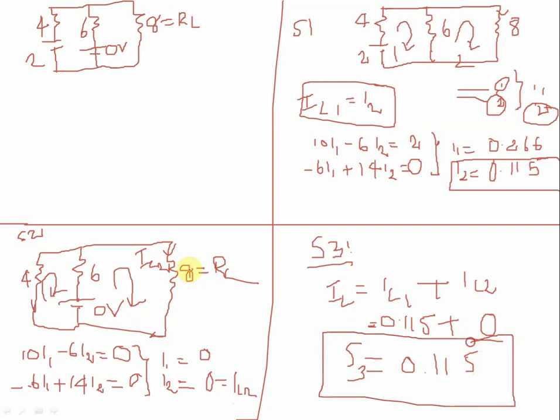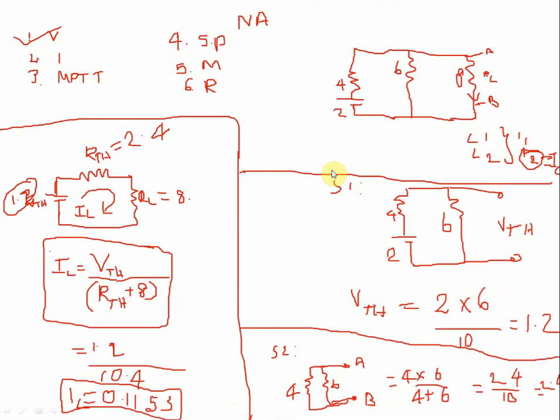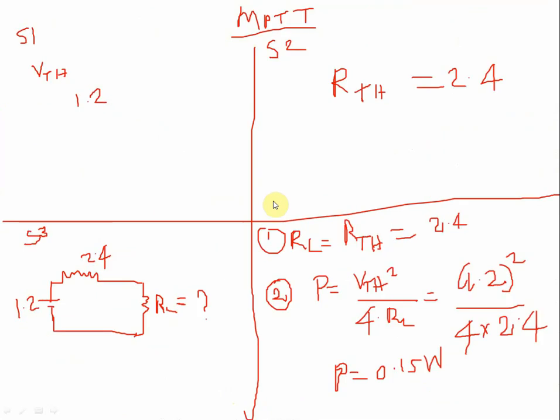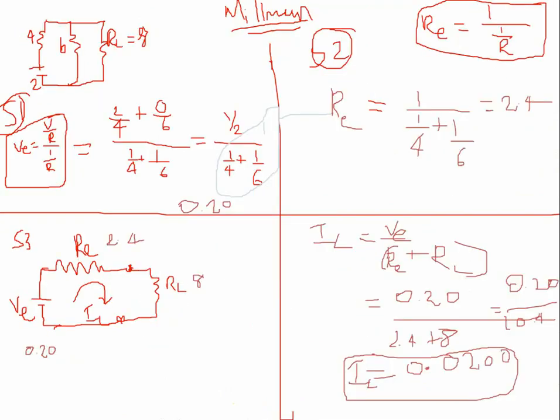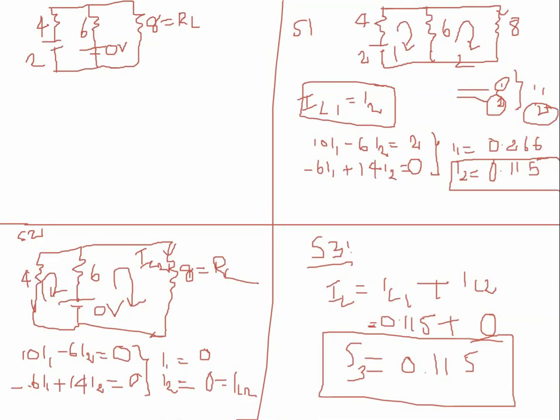The answer is over. This is a simple problem I am taking to solve with six methods. What are these methods? Thevenin's theorem, Norton theorem, maximum power transfer theorem, Millman theorem, reciprocity theorem, and superposition theorem.